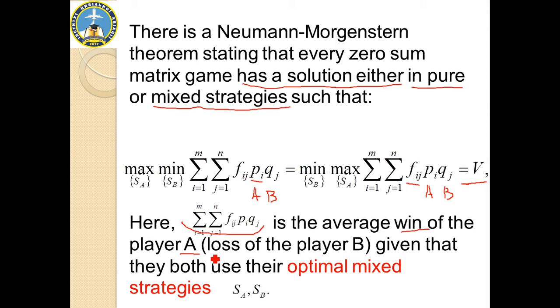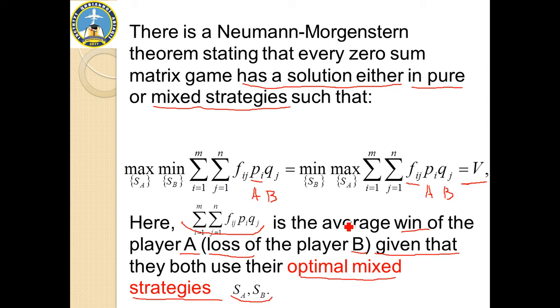At the same time, it represents the average loss for the second player, because we're dealing with a zero-sum game here. And this average win or loss comes at the condition that both players use their optimal mixed strategies, their optimal game profiles, S sub A, S sub B.